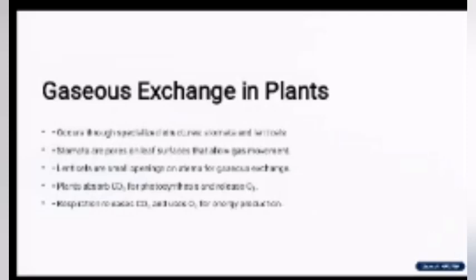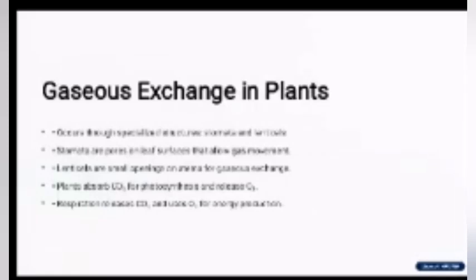Like I mentioned initially, external respiration, breathing, gaseous exchange. Now, plants, like every other organism, require what? Oxygen, and also release carbon dioxide. But then there is something else unique about plants.